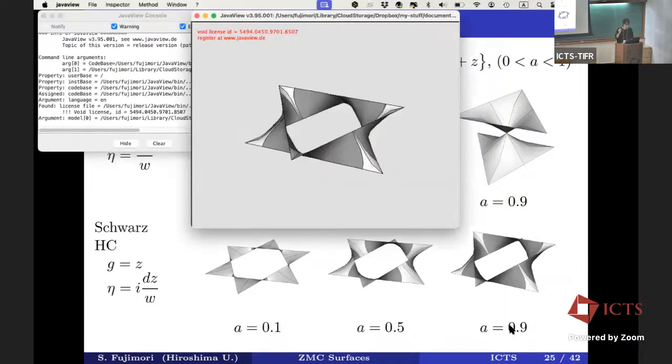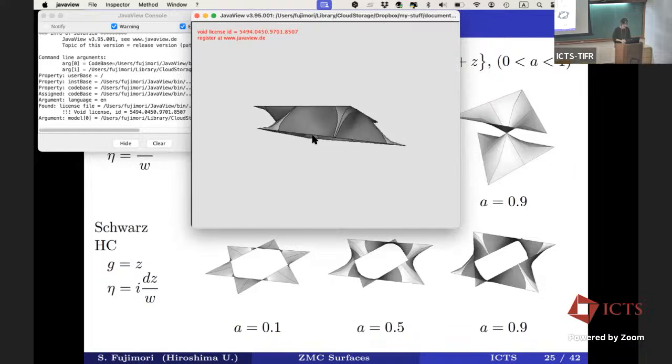The space-like part is getting thinner and thinner, and the time-like part is getting bigger and bigger. So we have this surface.